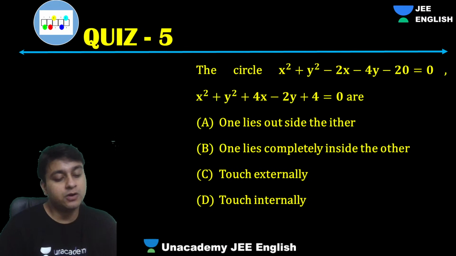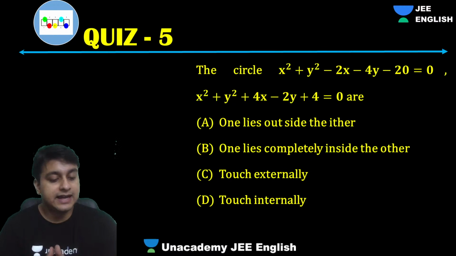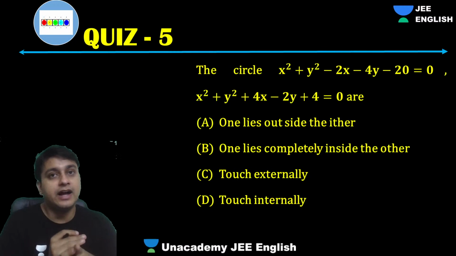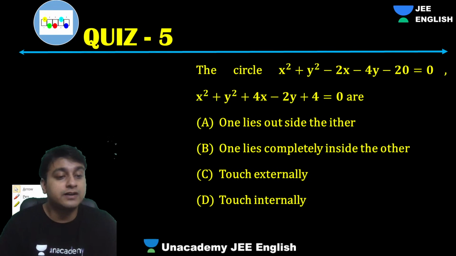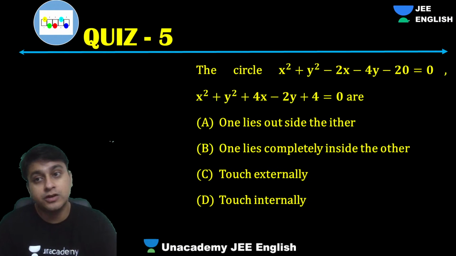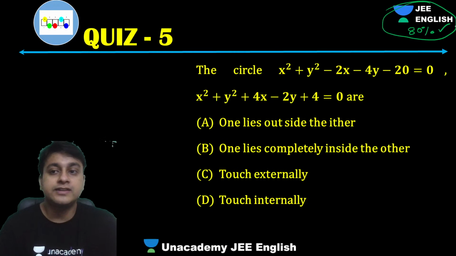If you have backlogs, make a rule, make a timetable. Every day I will give time for my backlogs. You can keep 1.5 hours to 2 hours every day in the night. The best way is to watch videos. If you are interested, you can definitely go to the JEE English channel. I have completed around 80% of the syllabus on this platform.